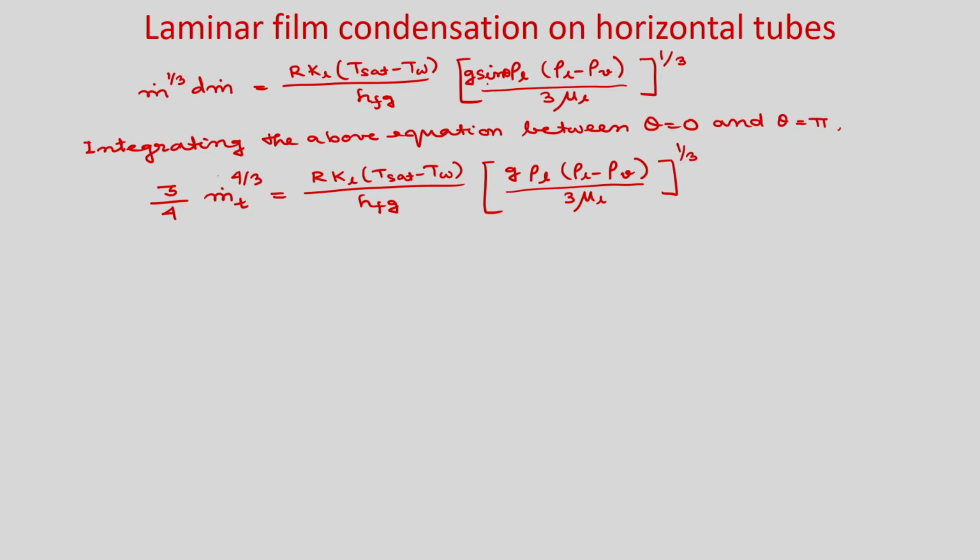You can see that this is sin theta to the power 1 by 3, so that you have to integrate from 0 to pi, sin to the power 1 by 3 theta d theta. Now you have to integrate this.